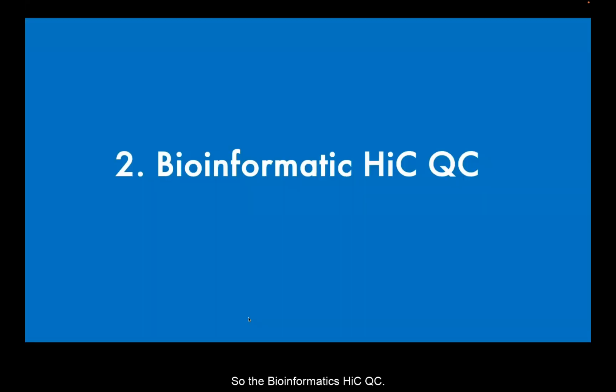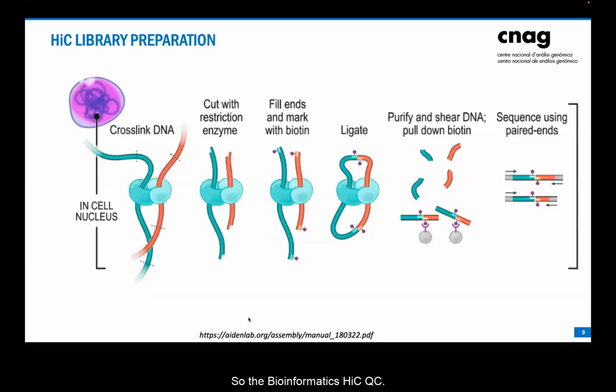So, the bioinformatic HiC QC. We all know this protocol. There are some crucial steps. I think it will be the cross-linking, especially. All of them seem to be crucial in the end, and the ligation also is very important.